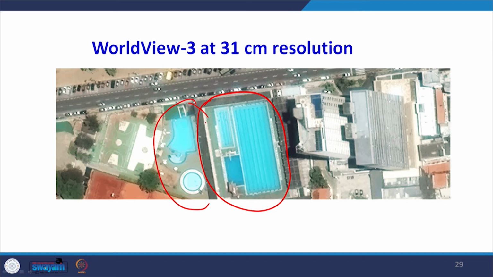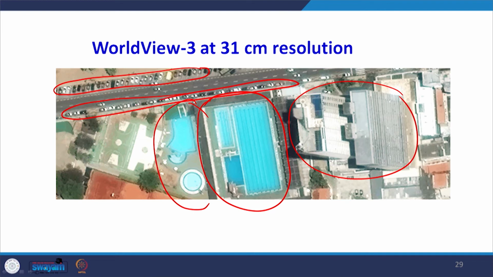You can feel the height of the buildings also because of the relief which is present here due to the height of the structure. But what is important to note here is earlier we were not able to identify those small features like cars, all by the roadside where the cars are parked, and these can be located very easily with the help of these satellite images.